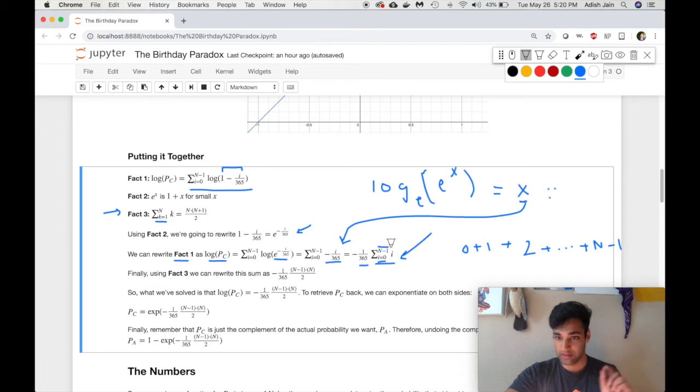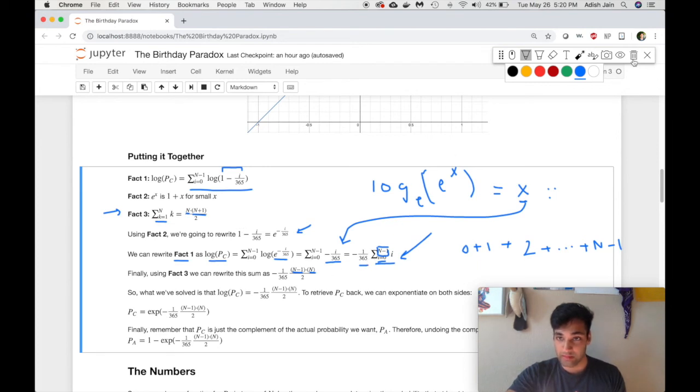So there's some index offsets there, right? So instead of n, we're just going to have n minus 1, because we're going up to n minus 1. And then instead of n plus 1, we're just going to have n, because n minus 1 plus 1 is going to give us that n. And again, just divided by 2.